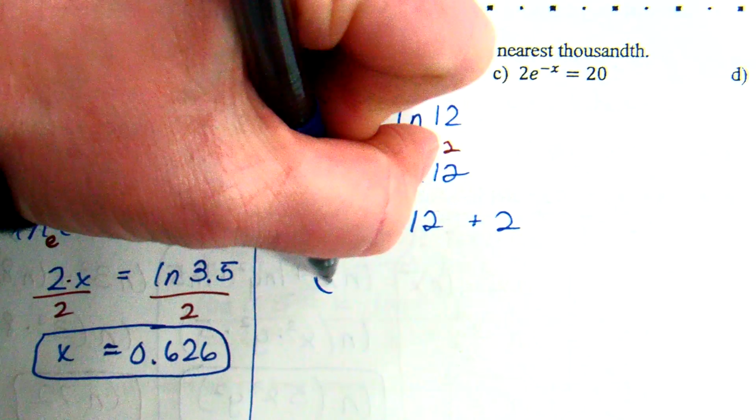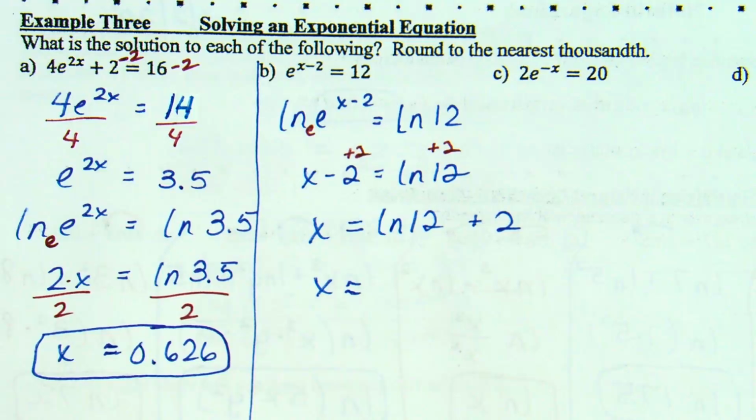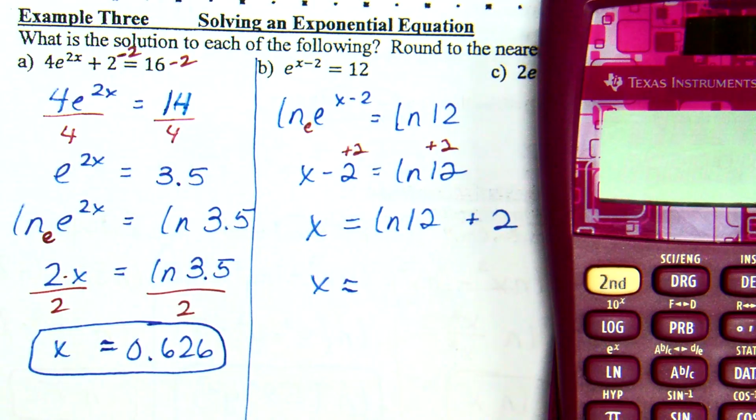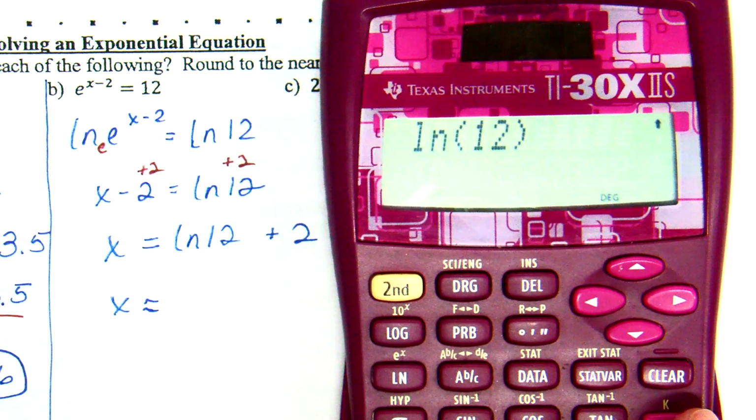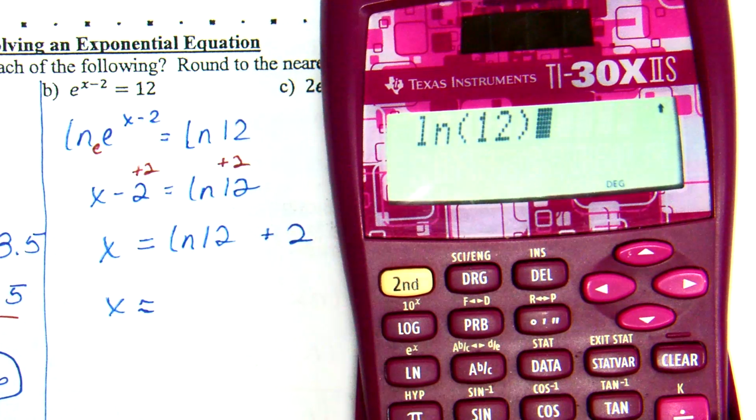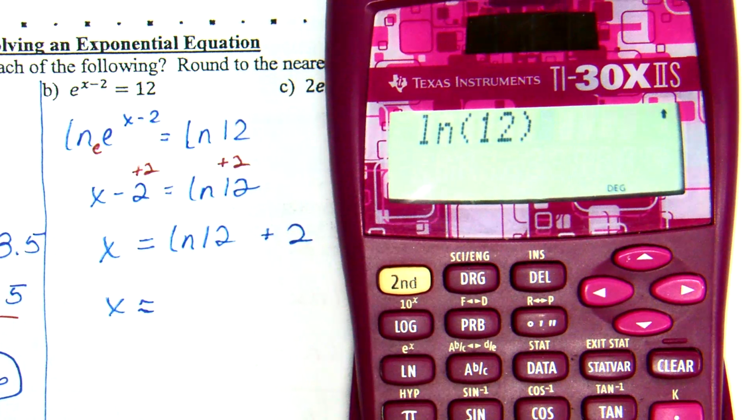Is that the same as saying the natural log of 14? No. Okay. It's not the same as saying natural log of 14. It's natural log of 12 and then plus a plain old 2. So you already know your x has to be greater than 2, unless natural log of 12 were to happen to be negative, but it's not. So, natural log of 12, notice I ended my parentheses, plus 2.